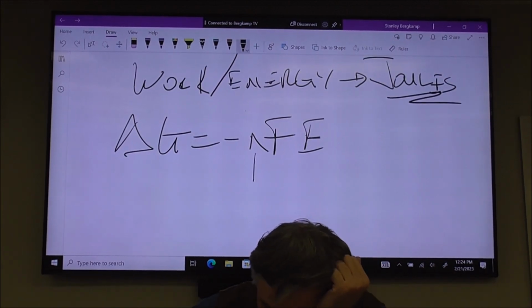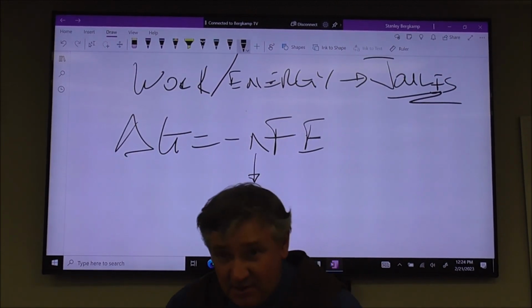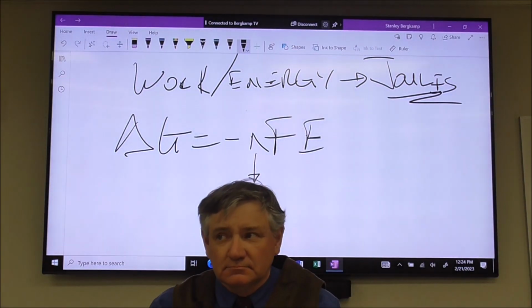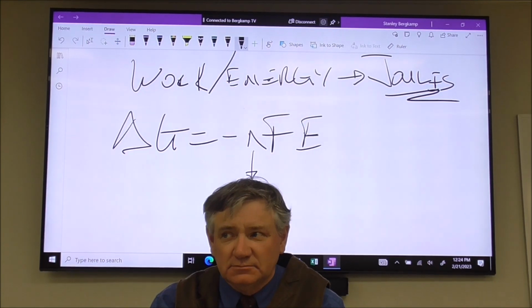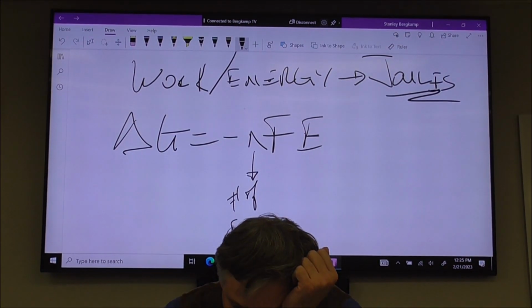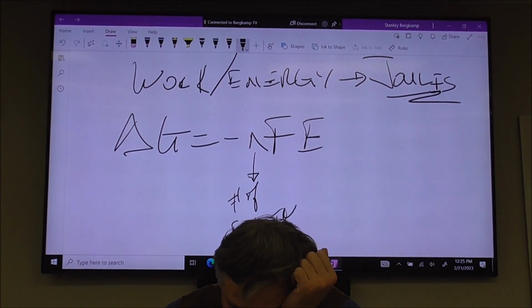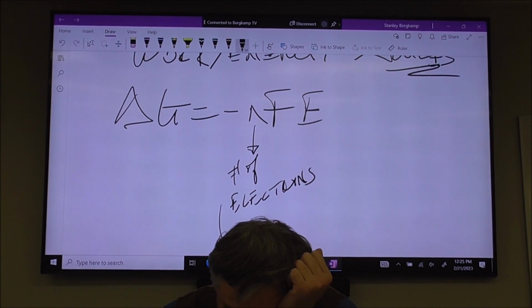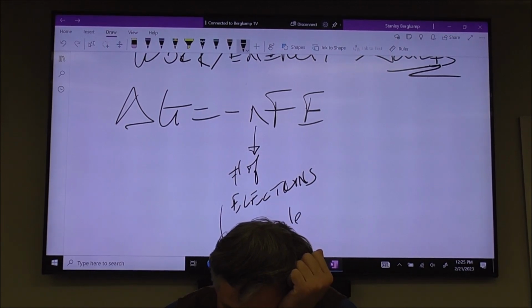You all have seen n before when we did the Nernst equation. What does the n represent? Number of electrons. So this is going to be the number of electrons. Technically, this is going to be moles of electrons.